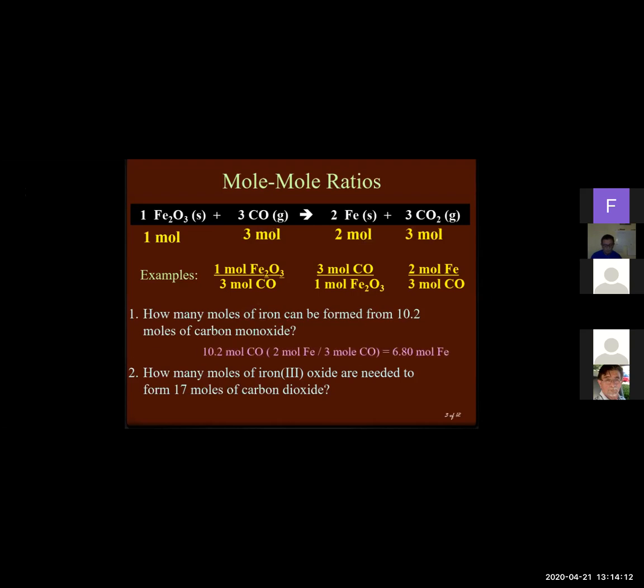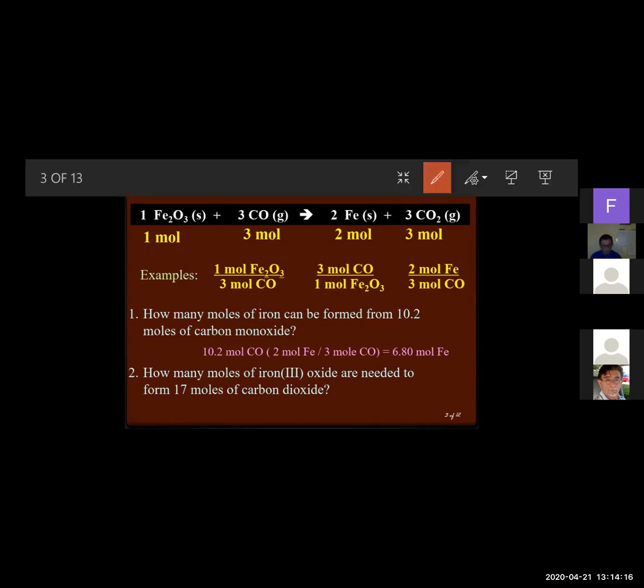Okay, so you can see as we write down what we're given, which is 10.2 moles of carbon monoxide. And now we insert that ratio of 2 to 3 where iron is in the numerator because that is what we're looking for, and carbon monoxide is in the denominator. You see how carbon monoxide units cancel, leaving us with the units of iron.